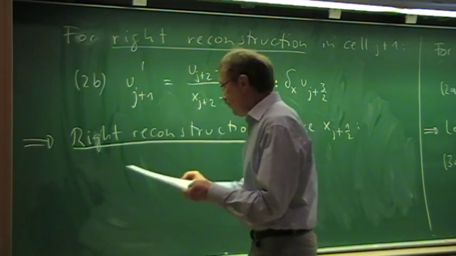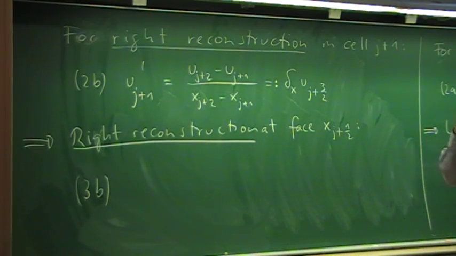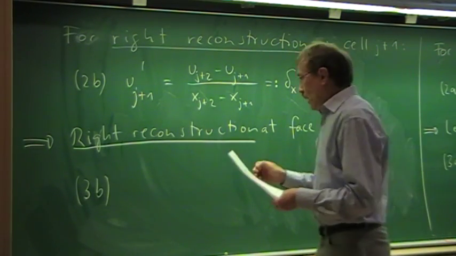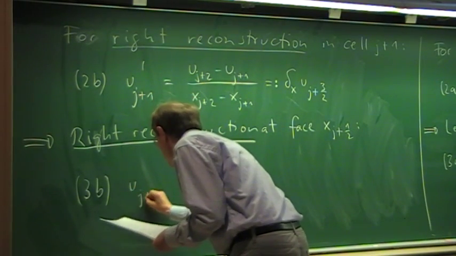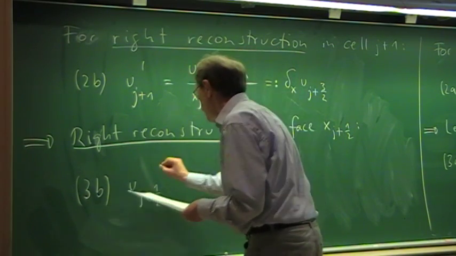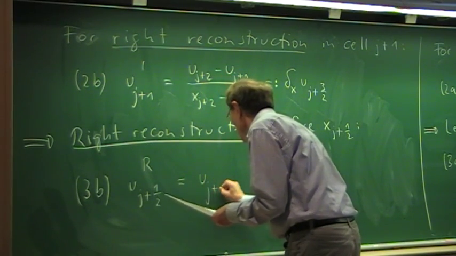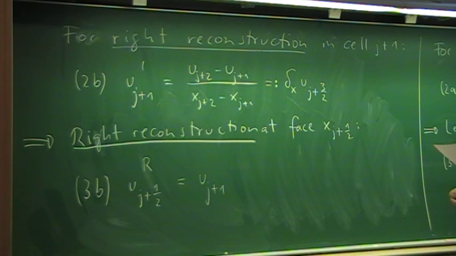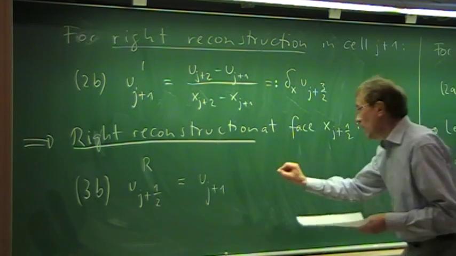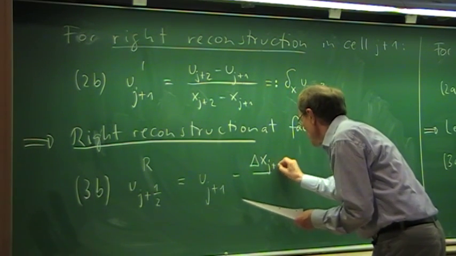And that is then the following. We simply insert then this approximation in our equation 1. And then we are interested in uj plus 1 half again, and that is then the right one. We start then from the midpoint of that cell j plus 1. Now we have xj plus 1 minus xj plus 1 half. So that will give us then minus delta x j plus 1 half.